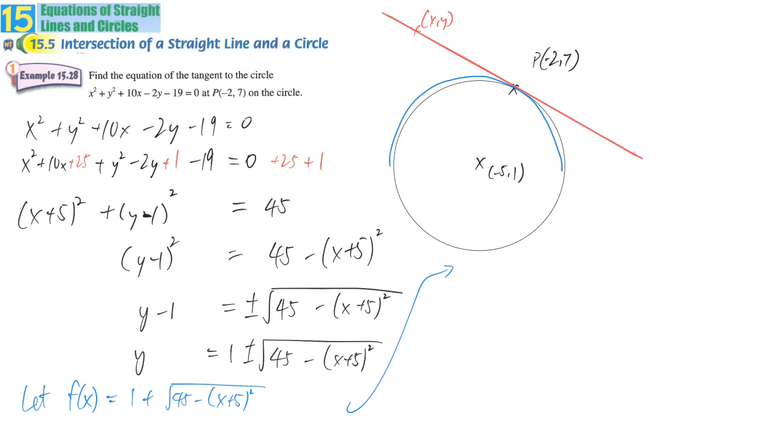Then we can differentiate it. f'(x) is equal to 1 over 2, times (45 minus (x plus 5) squared) to the power of negative 1 over 2. And don't forget, the inside is not exactly equal to x. That's why by the chain rule, we still need to differentiate this item.